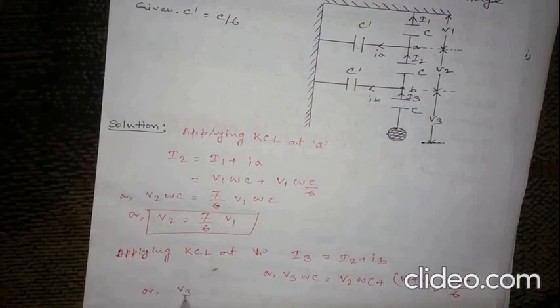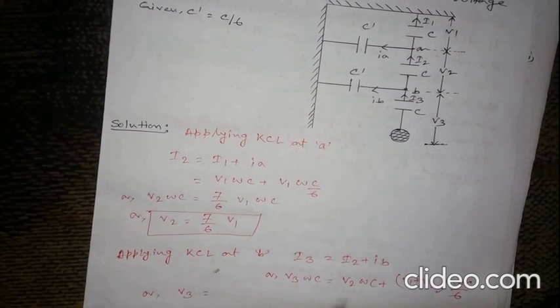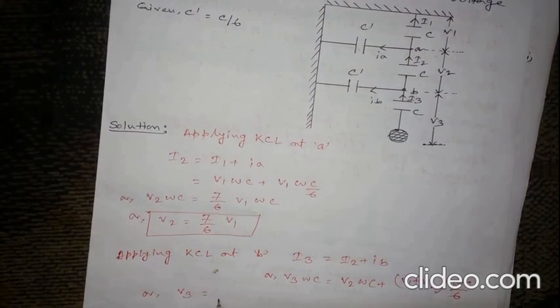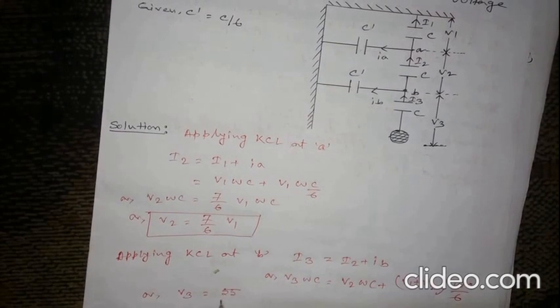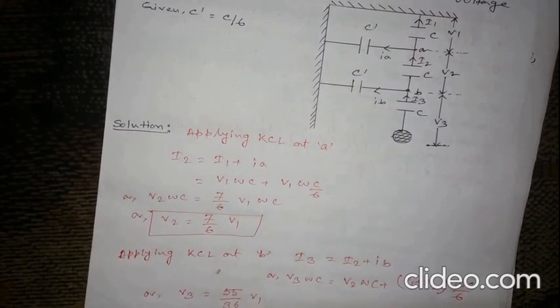After computing this value, we can write V3 equal to 55 by 36 V1.